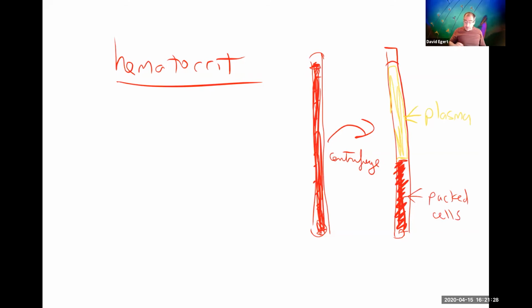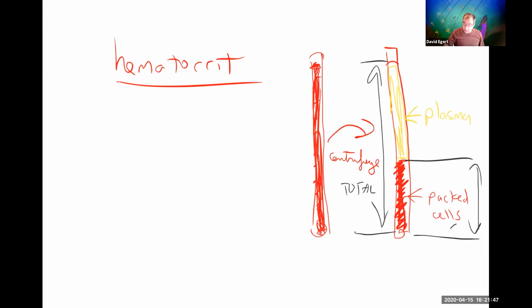And then you can just measure. If we were doing it for real in lab, you would do this with your own blood, and you'd measure the height of your packed cells, and your hematocrit is just that height over the total height times 100. So that's all hematocrit is.